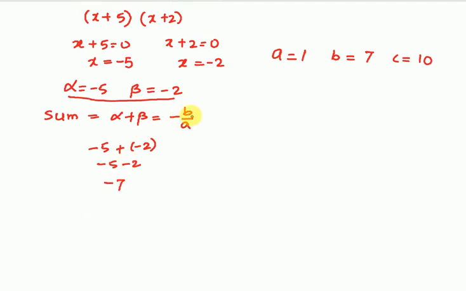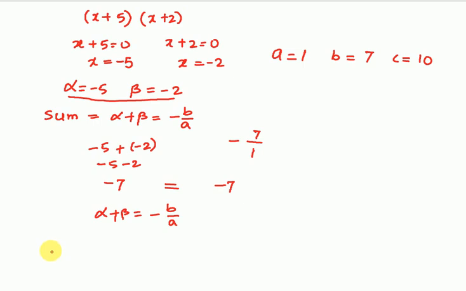Now let's find the value of minus b by a. Minus of b, the value of b is 7, the value of a is 1. So it is minus 7 by 1, which is also minus 7. This means both the values are the same. So we have verified alpha plus beta is equal to minus b by a.